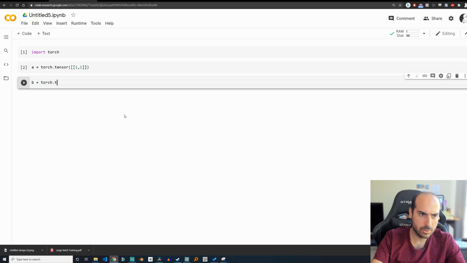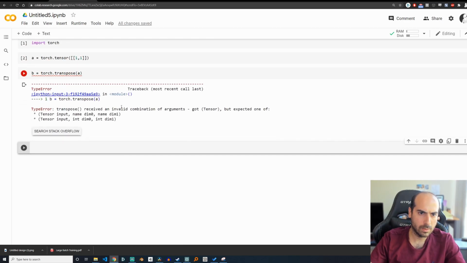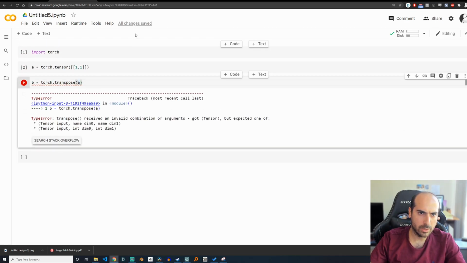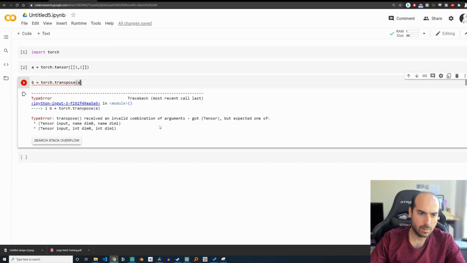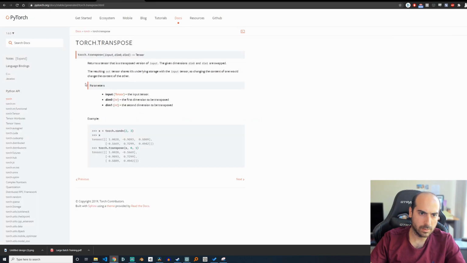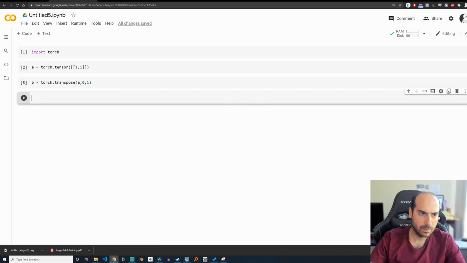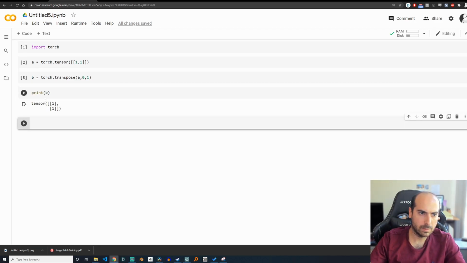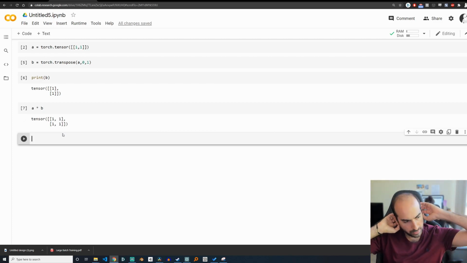B equals torch dot transpose A. So it needs a dimension. Does this work? Oh, it needs dimension 0, dimension 1. Okay, let's say 0, 1. Does this work? Print B. Okay, great. So now if we do A times B. Okay, yeah, that's what I figured.